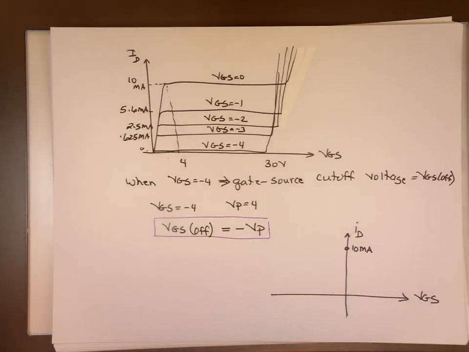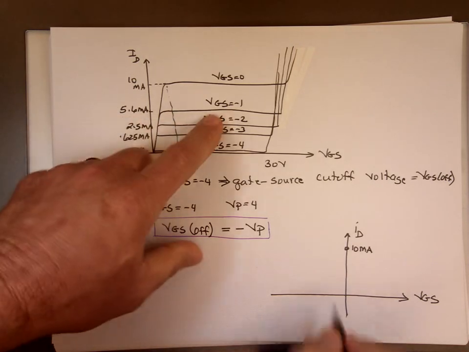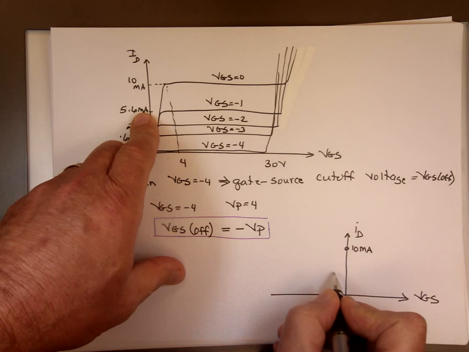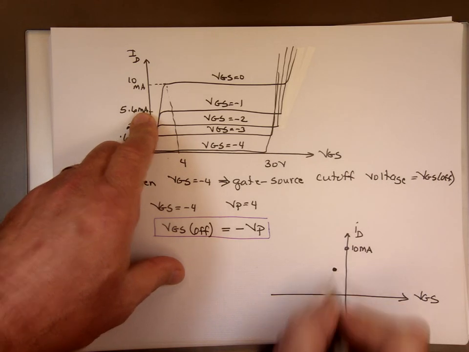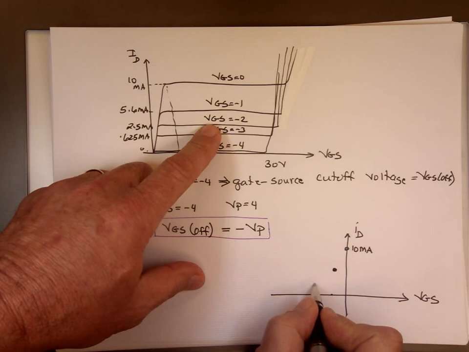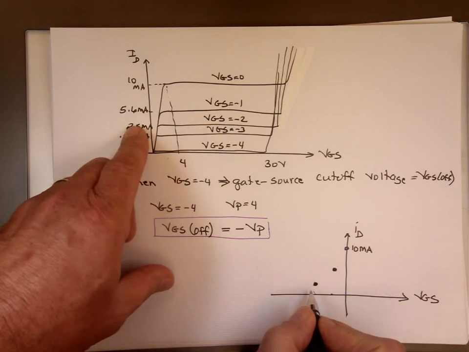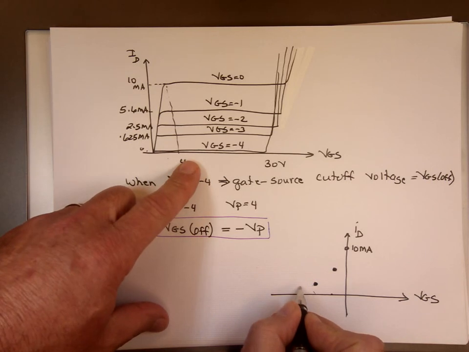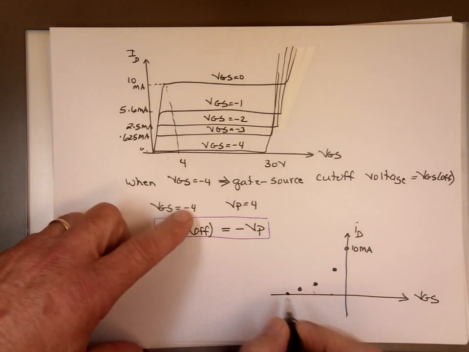When VGS is negative 1, I get 5.6 milliamp. That's right here. When VGS is negative 2, I get what? 2.5 milliamp. When VGS equals negative 3, I get 0.625 milliamp. When VGS equals negative 4, I get that number.